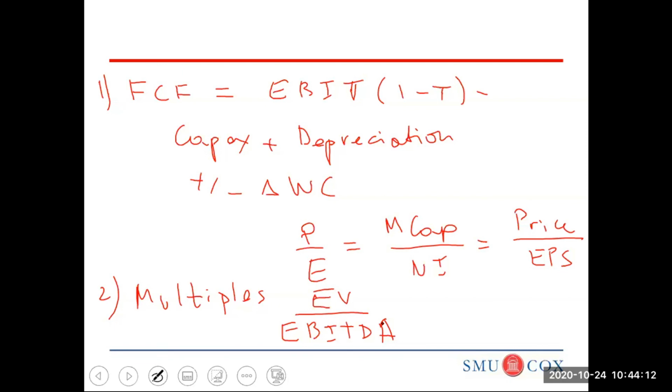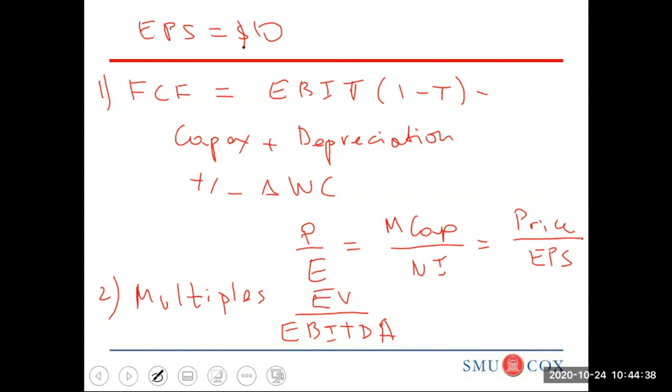The idea behind the multiples methodology is that it's a relative valuation methodology. So let's say you have a company that you're trying to value, and you're trying to apply a P/E ratio. Let's say you know that this company's earnings per share, EPS, is $10.